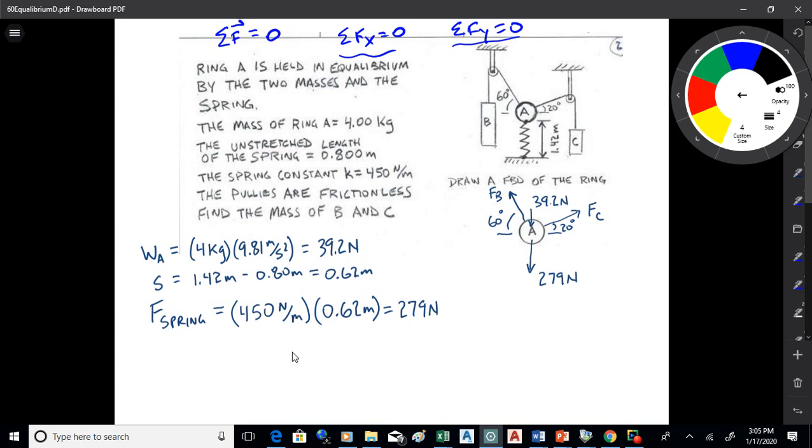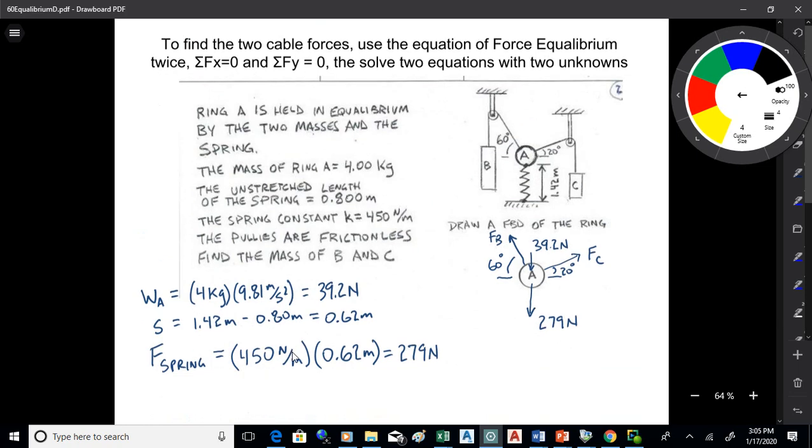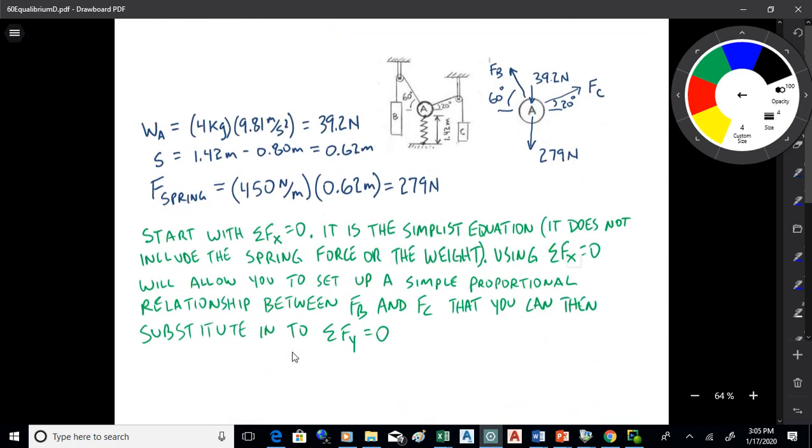So the setup on this is fairly straightforward. There is a fair amount of algebra on this to work through, okay? So there's two equations you can use on this. Sum of Fx is 0, sum of Fy is 0. When I solve it by hand, I'm going to do a substitution.